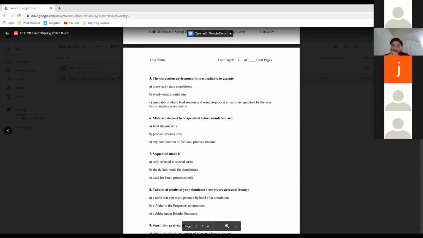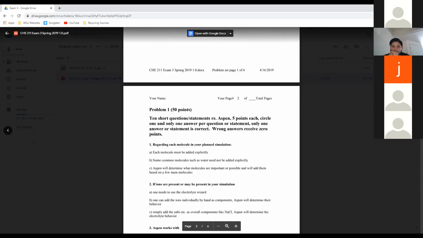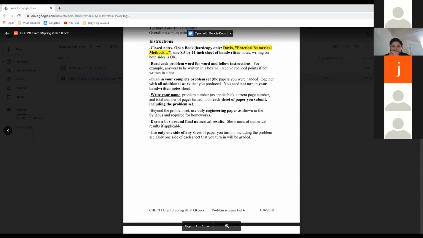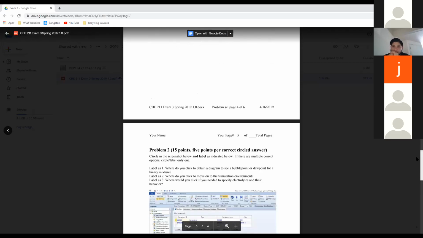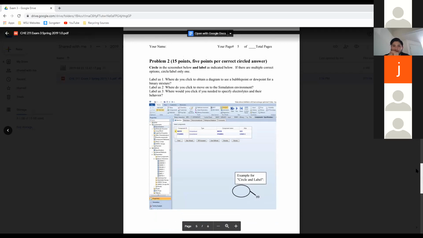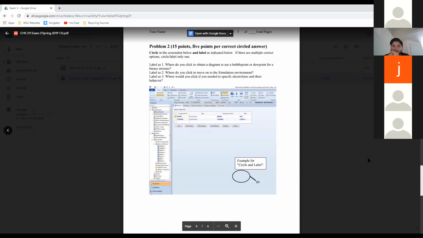I mean, if you've just been using Aspen, it seems pretty straightforward. You know, basic operation, specifying stuff. I was expecting this class to go a little more in depth, like make a process to do this, design stuff, and I guess we'll do that in design.